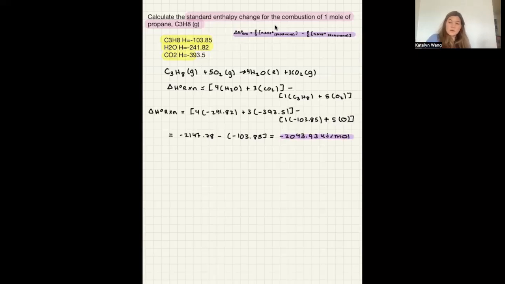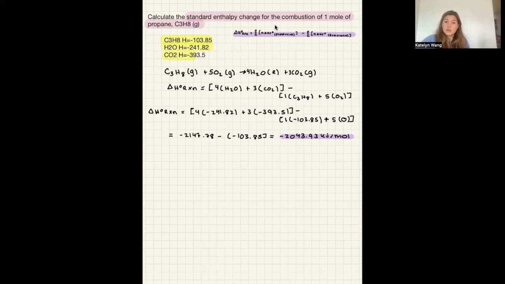All right, so you should have gotten negative 2043.93 kilojoules per mole. Kilojoules per mole is usually what you'll see enthalpy in. Sometimes I've seen it in something like joules per mole or even like joules per gram. So make sure you're paying attention to your units and giving the answer that the professor wants on a test or quiz in the correct units.